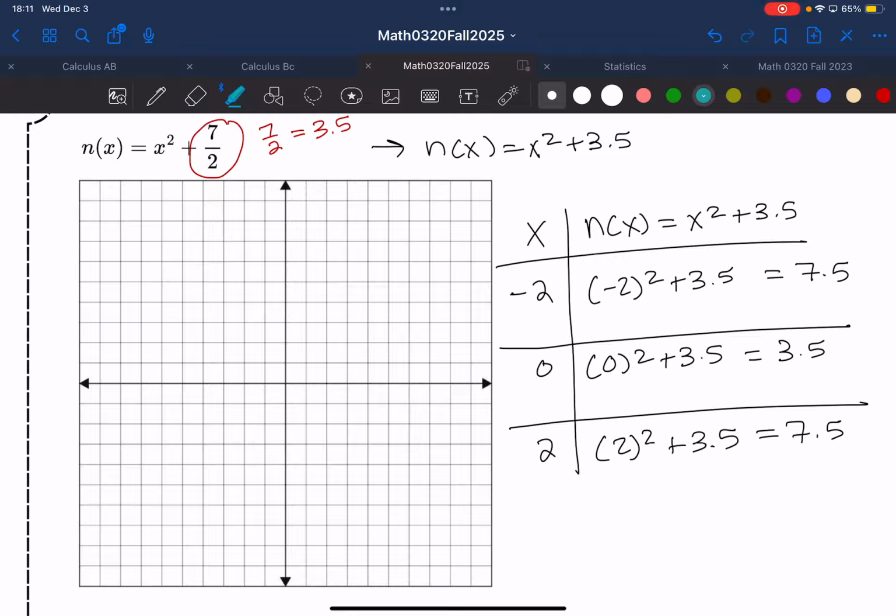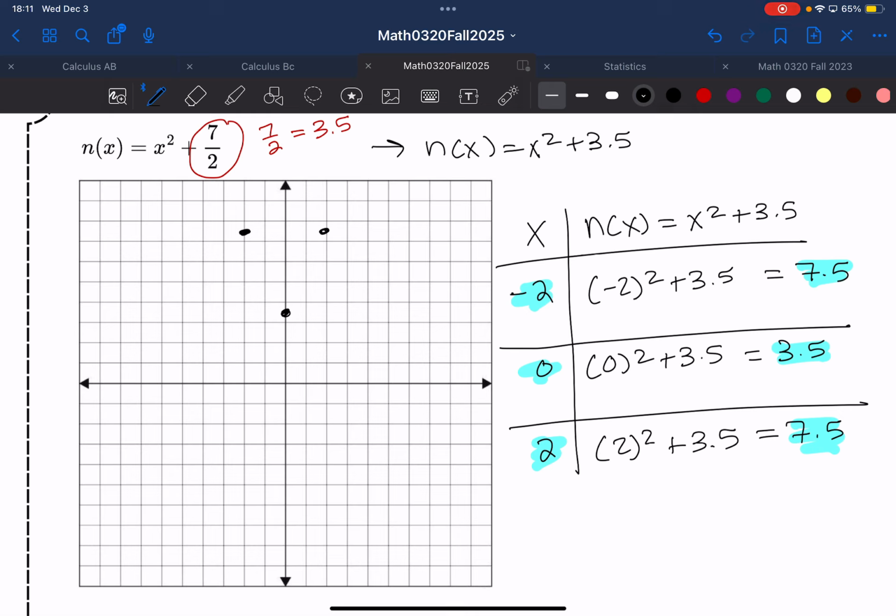Okay, so I have -2, 7.5, 0, 3.5, and 2, 7.5. So I'm going to plot those. So -2 and then +7.5. Okay, right here. And then 0, 3.5. And then 2, 7.5.